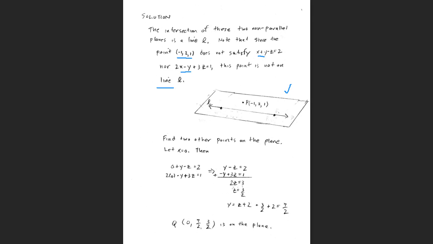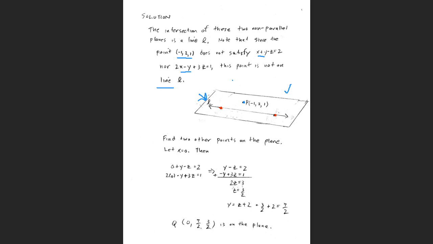So this point is separate from this line L. Here's the point P, here's this line L, and the line L is the intersection of two planes. If I can just find 2 points on that line L, then I would have 3 points in the plane, because the line L is in the plane.